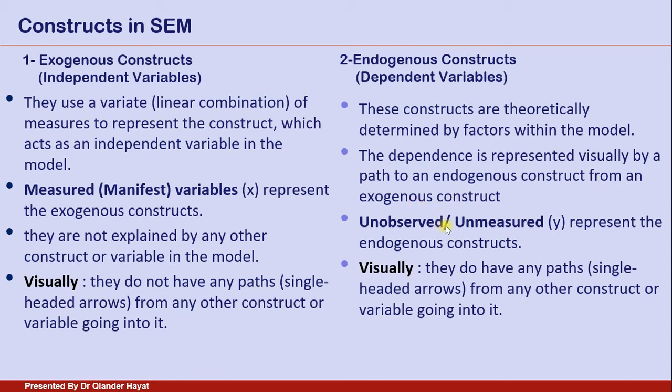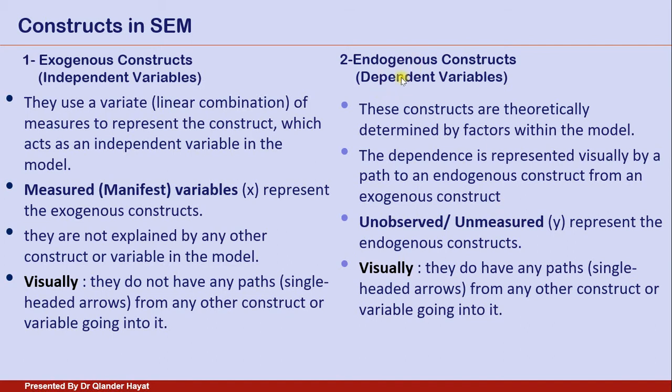So unobserved or unmeasured variables represent the endogenous constructs. Visually they do have a path, a single-headed arrow from another construct or variable going into them. It means single-headed arrows coming from other variables go into these variables.